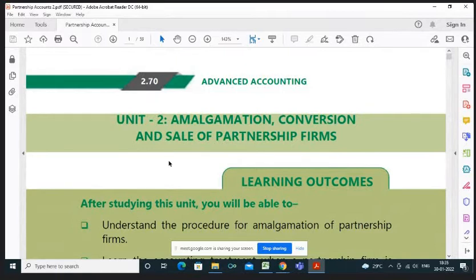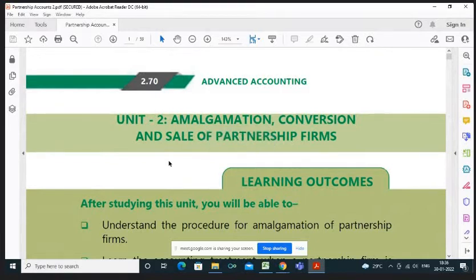Another topic is conversion and sale of partnership firms. Sometimes partnership firms are sold as a running business. Rather than selling land, building, machinery and stock individually, they will sell the entire business as a going concern to another business entity.